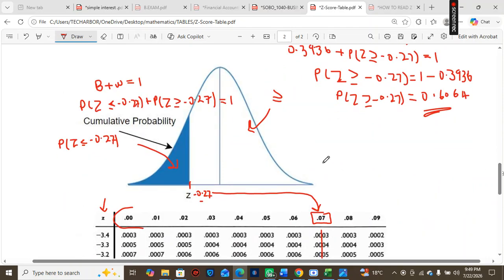So this area in white is 0.6064, and the 0.3936 is the one in blue. When you add these probabilities, it has to give you 1 or 100%. Yes. Any questions, colleagues, before we go to the third scenario?